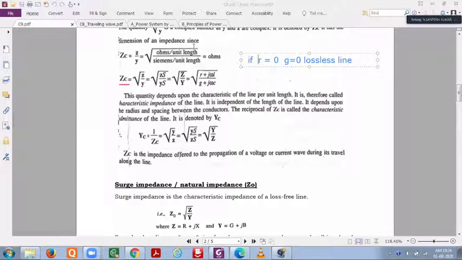It will be just under root L by C. Very good. It means we don't have any losses. So this is my ZC. Sorry, it is quite difficult to write with this, but I'm trying. Hope you understood what I mean to say, which is nothing but under root L by C.